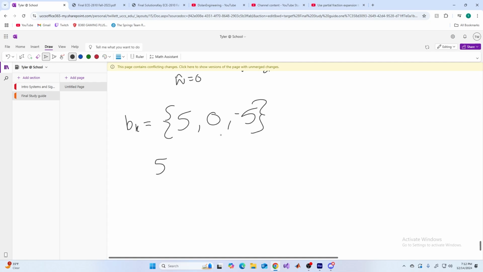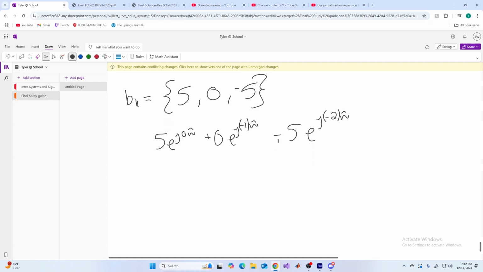So I can write this as 5 e to the j0 w hat plus 0 e to the negative j w hat minus 5 e to the negative j 2 w hat. Perfect. Remember, this is multiplied in as well. I'm not actually subtracting. So this is going to equal 0. So I can get 5 e to the j0 w hat minus 5 e to the negative j 2 w hat.